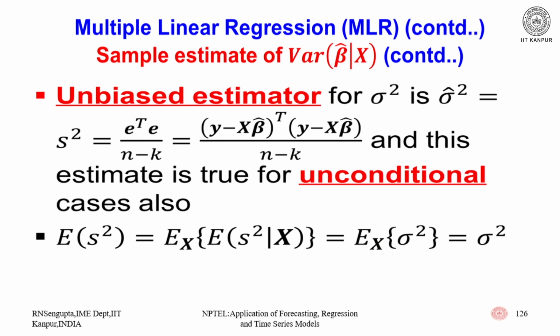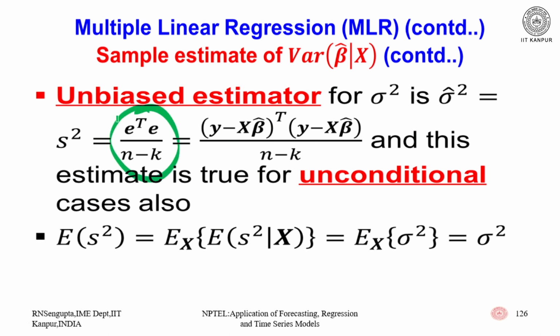Now, if I need to find out the expected value of the residuals in order to prove whether it is unbiased or biased, then obviously n minus k is there. Having n minus k in the numerator would mean that it is biased. So, in order to make it unbiased, I will use a different color, green.